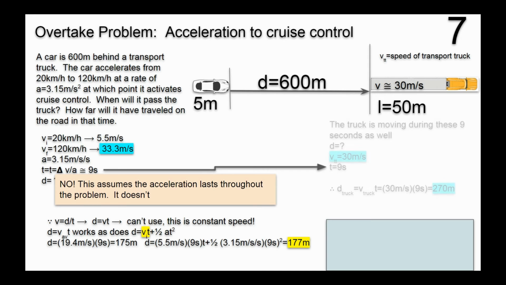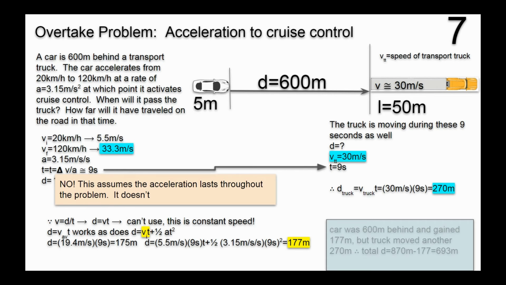In the same 9 seconds, though, the truck has had an opportunity to continue driving. So while the car was accelerating, the truck actually covered 270 meters of ground. So the car is literally further away than when it started because it was traveling much slower than the truck and had just barely exceeded the truck speed in 9 seconds.